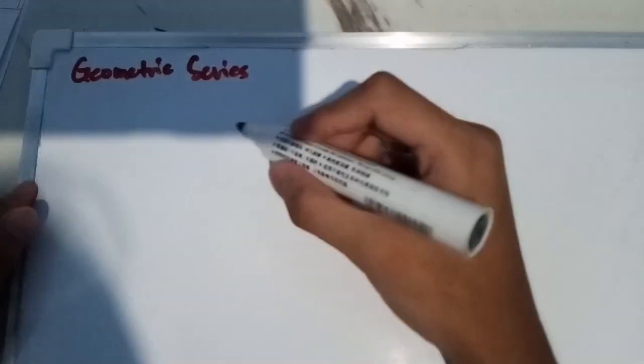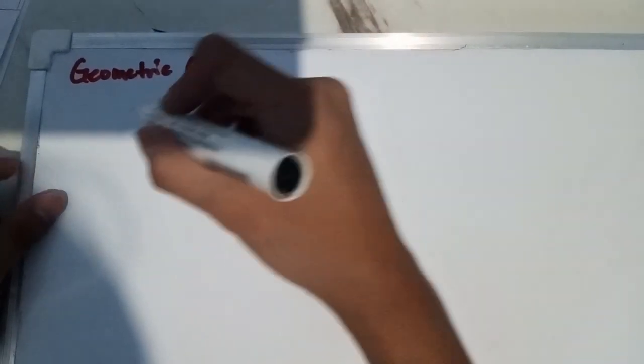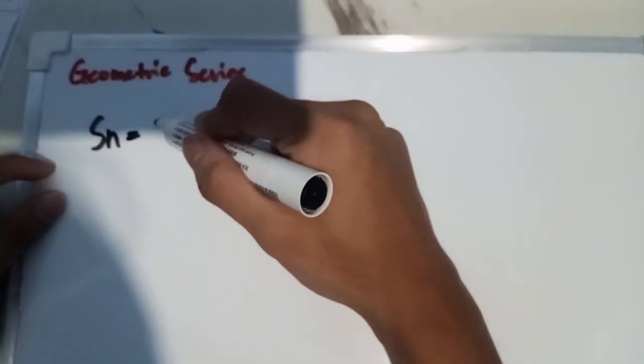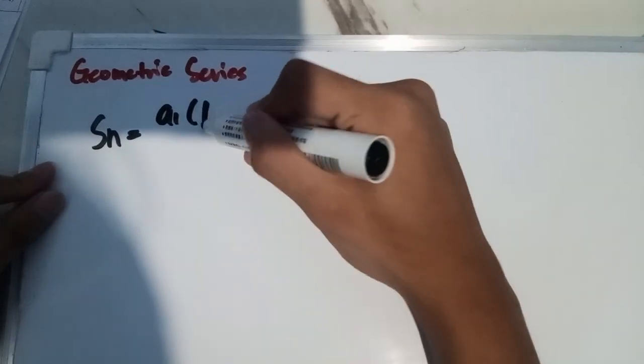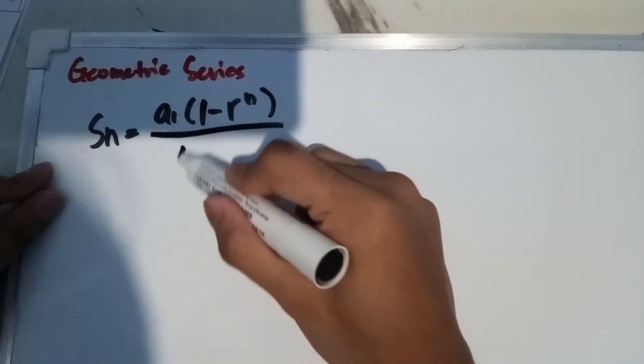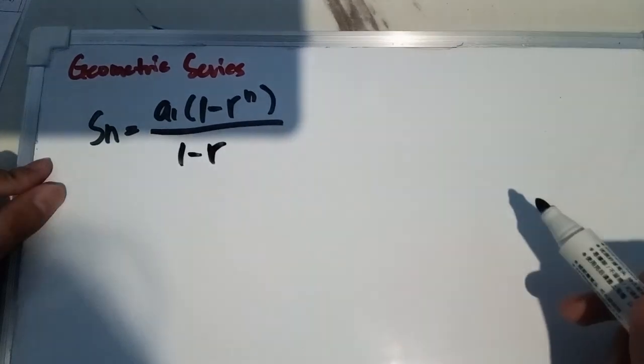And this is the geometric formula. Ganito ang geometric formula natin. Summation of n is equal to first term times 1 minus r to the n over 1 minus r.